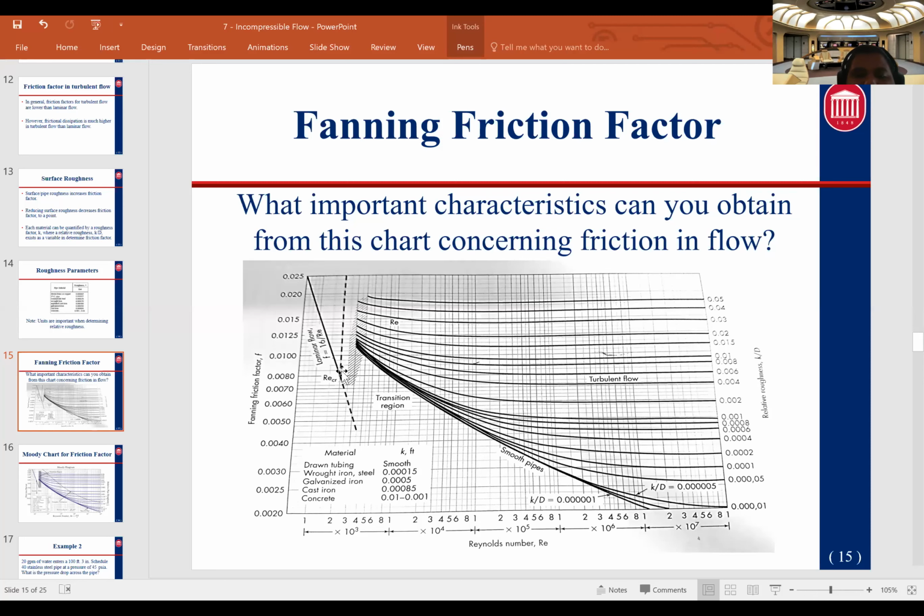As we get to our transition region, we have essentially no solid quantification until we hit our 4,000 mark, where we start to see estimations for friction factor in turbulent flow. A couple of things to note in this chart: you'll notice that as we approach a certain Reynolds number, these curves begin to level out.